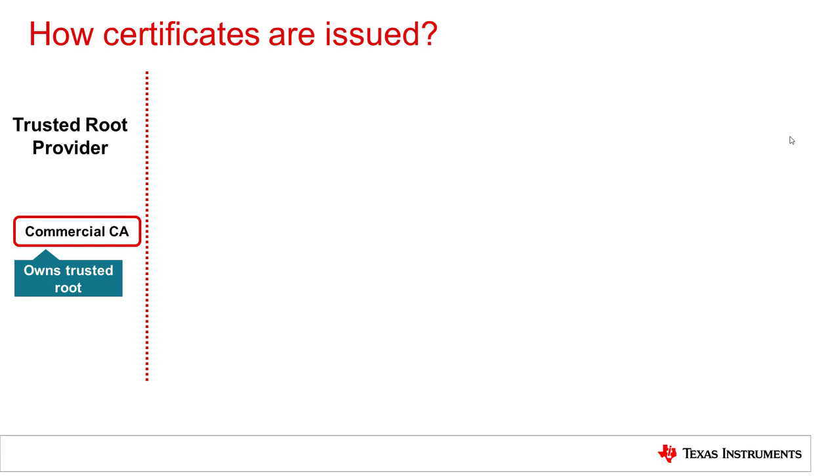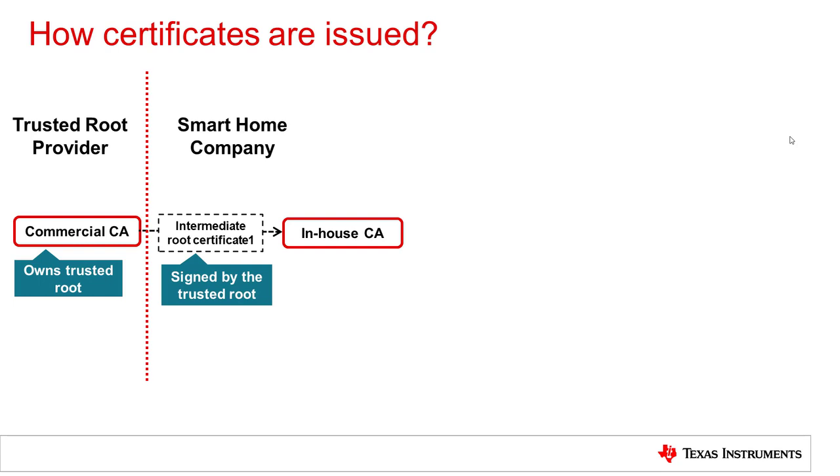They are a commercial certificate authority. An IoT device provider, in this case a smart home company, will go and purchase an intermediate root certificate from the commercial certificate authority. And that intermediate root certificate is signed by that trusted root certificate owned by the commercial certificate authority.